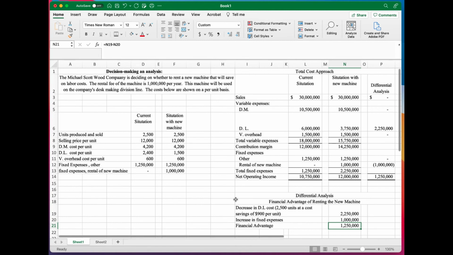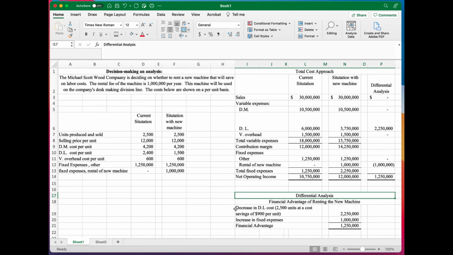The differential approach is preferred. It's much more preferred. Why? Well, as you can see, number 1, I do not have to prepare a contribution format income statement under the differential approach. I do not have to worry about finding enough detailed information to make one.